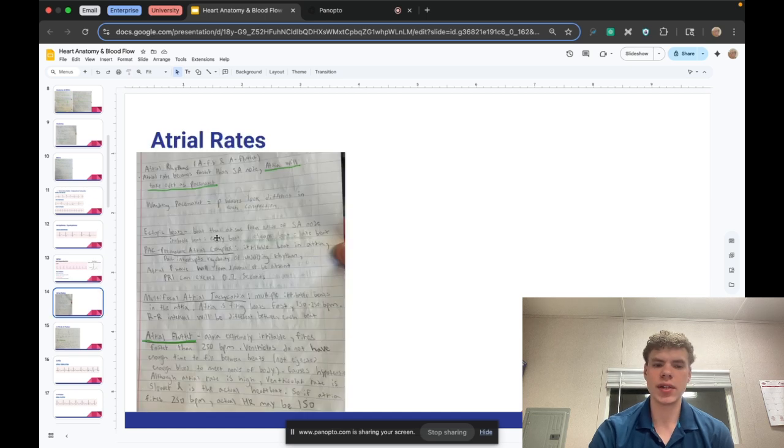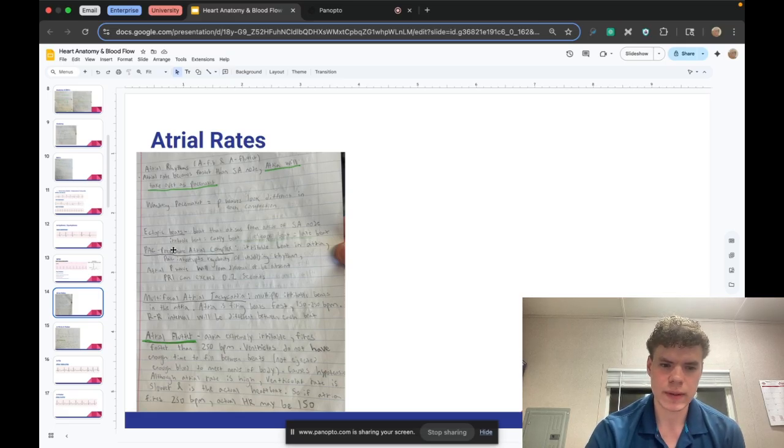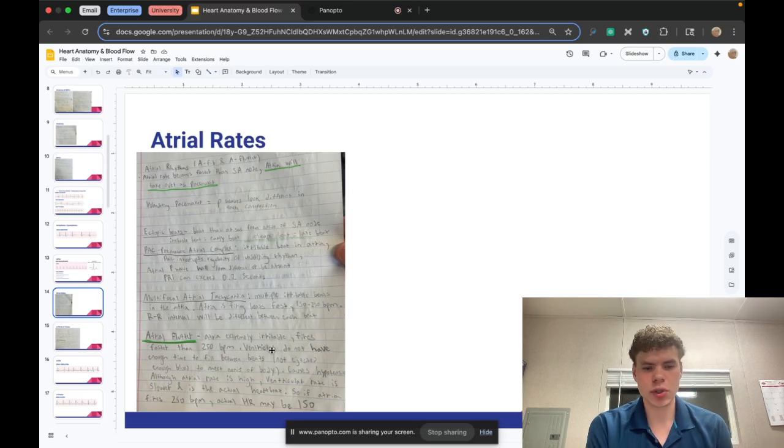So going back to this, atrial rates. The atrial rate becomes faster than the SA node, and the atria will take over as pacemaker. I already talked about ectopic beats, that's talking about a PAC, and atrial flutter. With atrial flutter, as I was just talking about, the atria becomes very irritable and fires faster than 250 beats per minute.